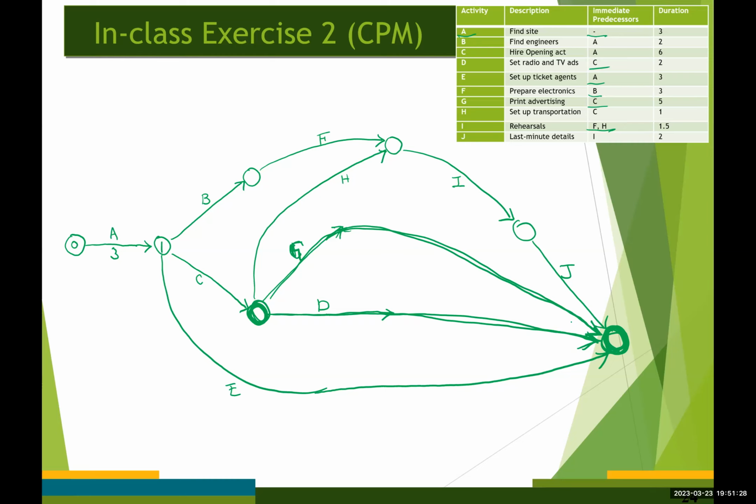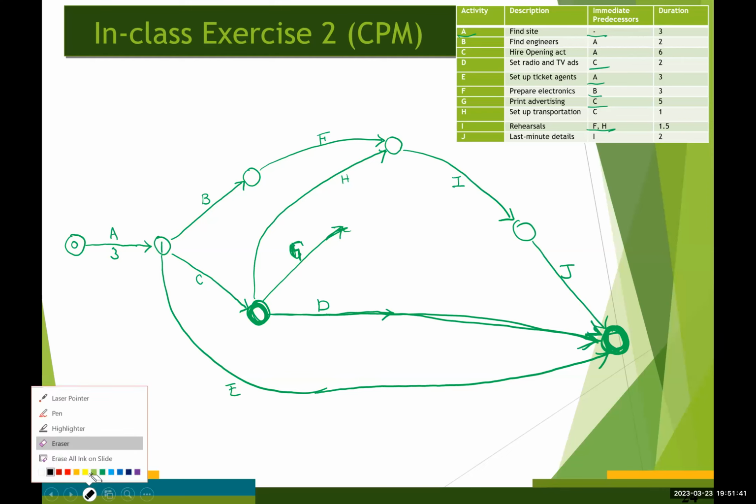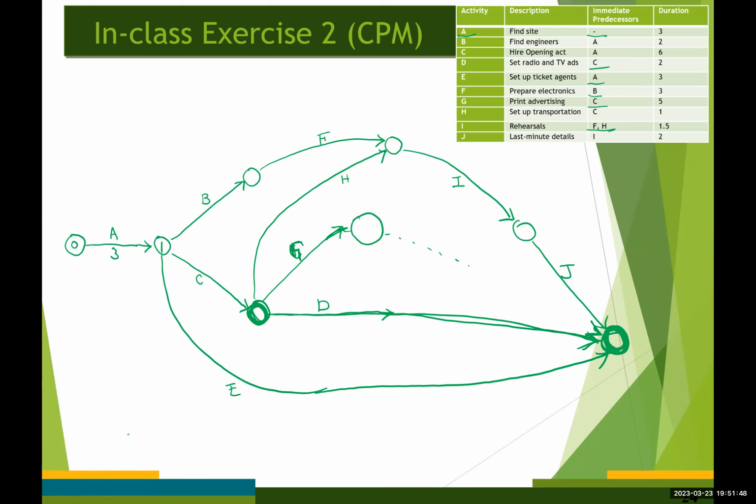So what you need is to introduce a dummy activity. So instead of having G there, I'm going to have a dummy activity from here to here. Then I believe there is no violation.